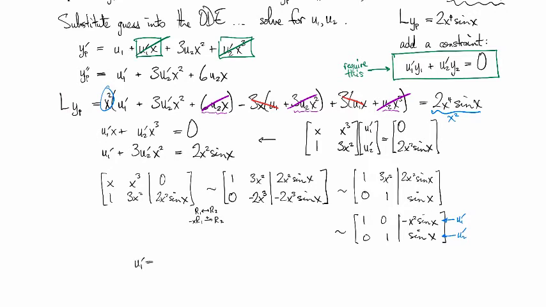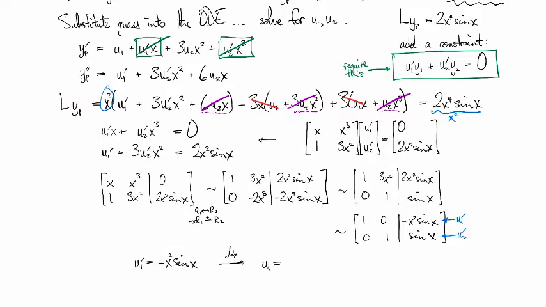Okay. So now I can take u1 prime is minus x squared sine x. So integrating, I get u1 is, well, let's see. So that's going to take some integration by parts and so on.